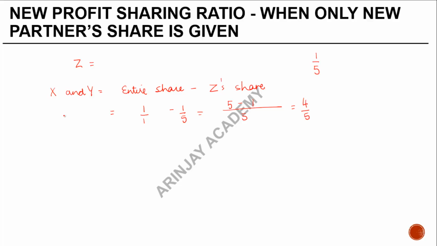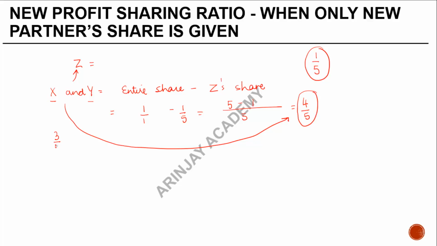So the combined share of X and Y comes to 4/5. If nothing is given as to the ratio in which X and Y have contributed to Z, we assume that the remaining share is taken by them in their existing profit sharing ratio, which is 3/5 and 2/5.